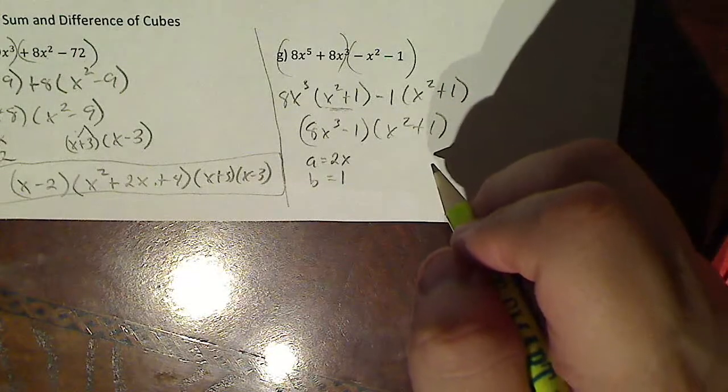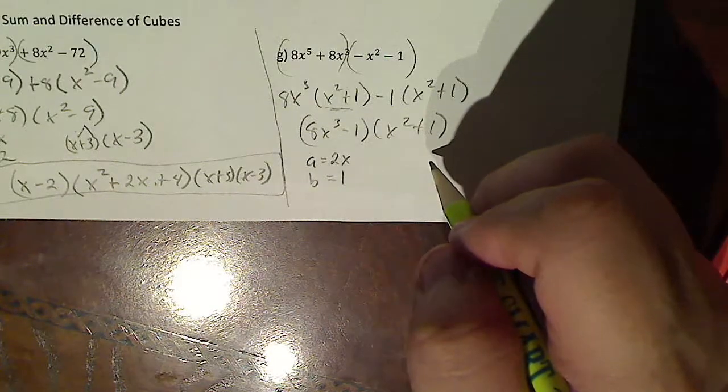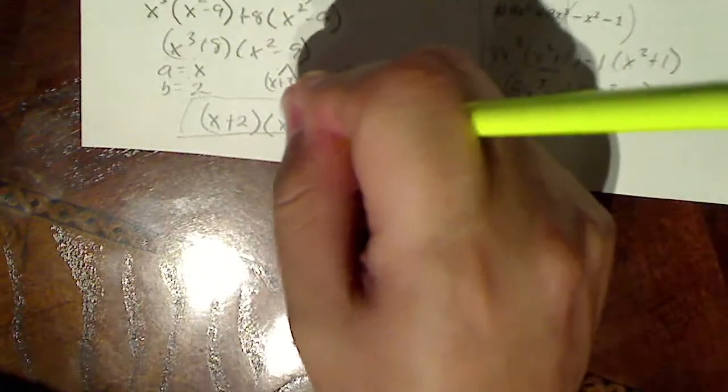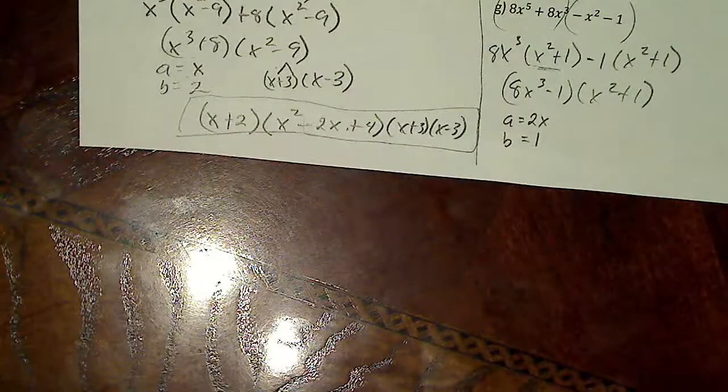So, hold on. Backtrack. On this one right here, I just realized this was a sum of cubes. I was just looking at it right now. So this should be plus, and then this one over here should be minus. I apologize for that. It's the sum of cubes because it's a plus 8. This is a difference of cubes.